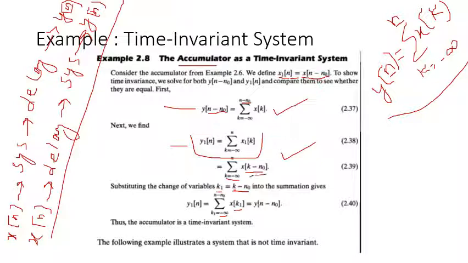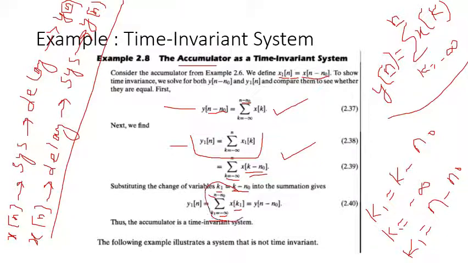Initially the limits were in the form of k, but since we replaced k minus n naught with k1, we want the limits in terms of k1. First, the lower limit of k is minus infinity, so k1 is equal to minus infinity. Then the upper limit of k is n, so the upper limit of k1 is n minus n naught. So we get this expression.